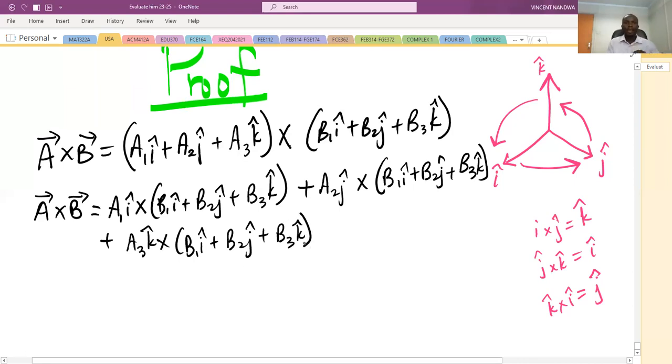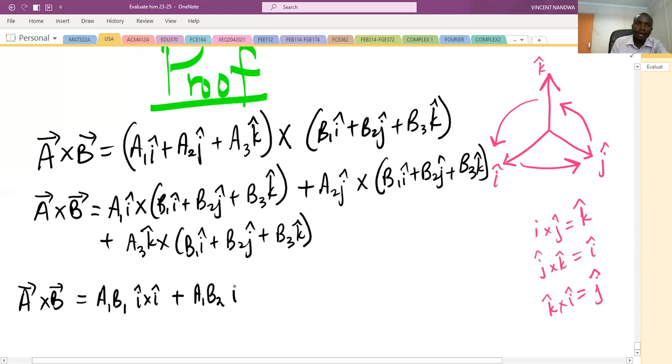So that's step one. And then step two, let's carry out. Remember A1, A2, A3, B1, B2, B3 are just numbers. So what would be cross multiplied are the vectors i, j, and k. So A cross B will be A1, B1, and then i cross i, plus A1, B2, and then i cross j. Remember, cross product is sensitive to order, so you have to maintain that order.